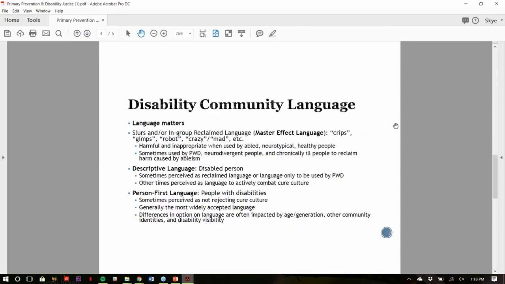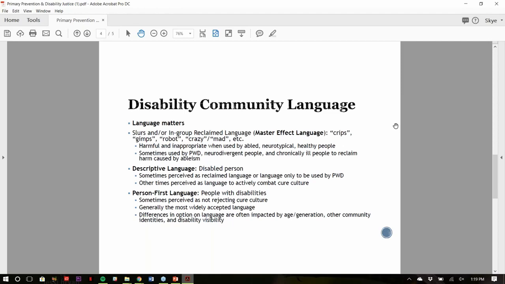I wanted to do a very brief intro to disability community language. So this is important because language matters, and the language that we use with each other and in service provision can have a really large impact on people's access to those services and those spaces. So there's a few words I put in quotes here that I am calling master effect language.